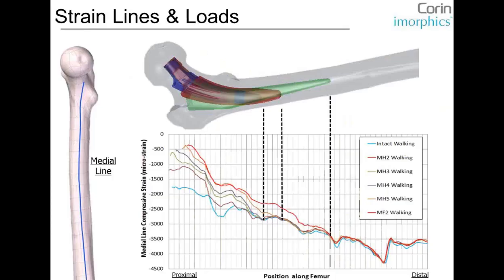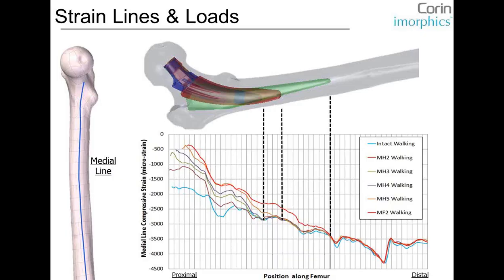What we did is we ended up loading the implant and having a look at the load conditions. Now, the great thing with COMSOL is you can define where you want strains or extracting data in graphs. In this case, we selected a blue line along the medial line, or the inner section of the leg, and we took a line and we plotted the strains on that bone as it was loaded under walking conditions.